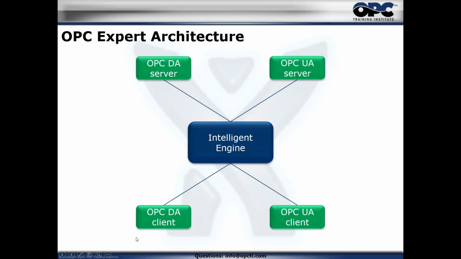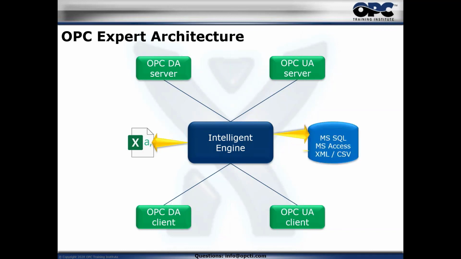But once the data is inside the intelligent engine, then you can send it out to Excel. For example, you can look at the real-time data in Excel or store it in Excel format data files, or send the data to Microsoft SQL Server. In fact, the next webinar will be on OPC to Microsoft SQL Server, or if you wanted, in XML files or CSV files.